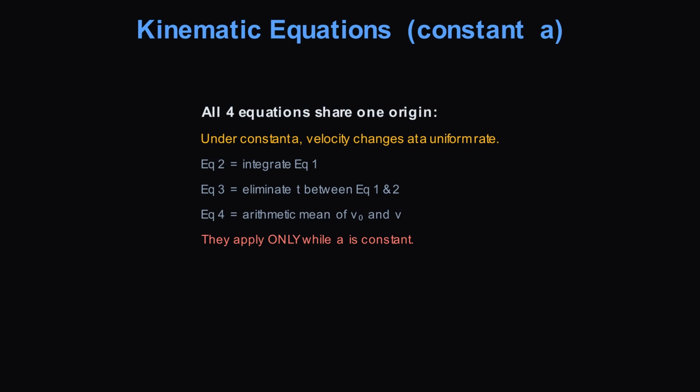Understanding that they are related, not independent, means you can reconstruct any one you forget, and you understand the limits of when they apply. They apply only when acceleration is truly constant throughout the interval. The moment acceleration starts varying with time, these equations no longer hold, and you must return to integration.